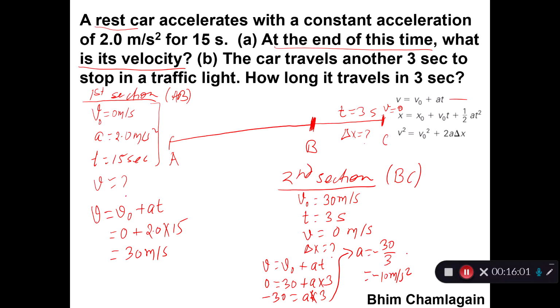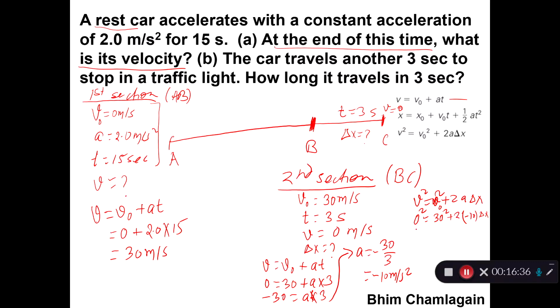Now you can use this value in the third equation, v squared is equal to v naught squared plus 2a delta x. So v in the second section is 0, squared, is equal to v naught, 30 squared, plus 2a, with a negative 10, times delta x.